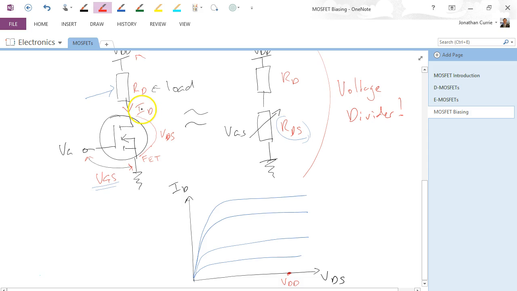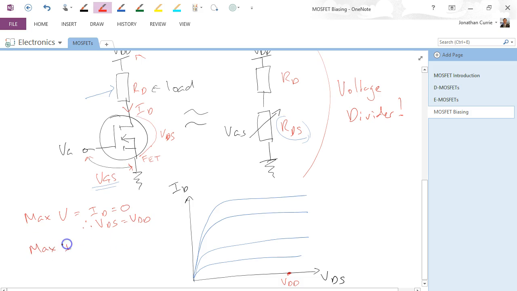Correspondingly, at the maximum voltage, ID is equal to 0, therefore VDS equals VDD.